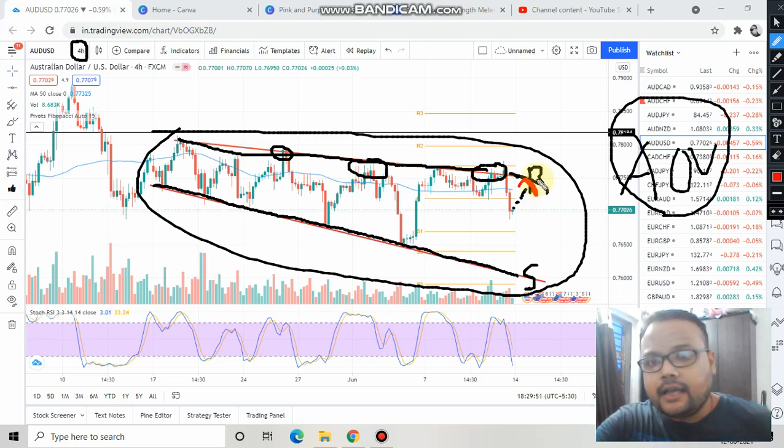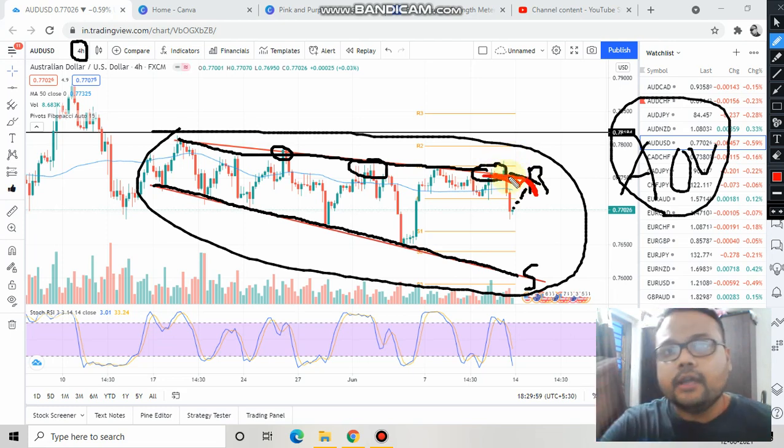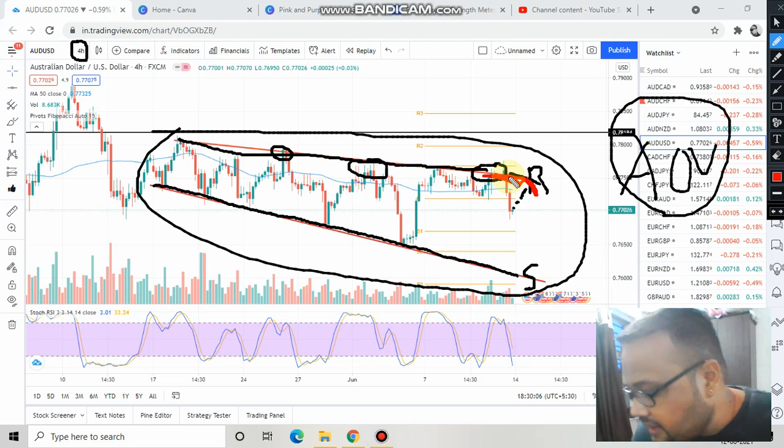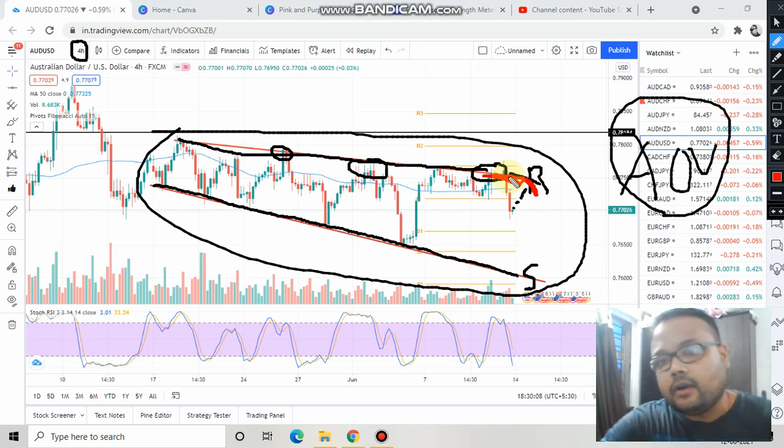On the other hand, if the market crosses this red line or trend line, then you should not go for a buying order right away, because this is a downward channel, so things are very risky if you go for a buy order. In case the market goes up and crosses this red line, wait for 4 to 8 hours and observe the price.